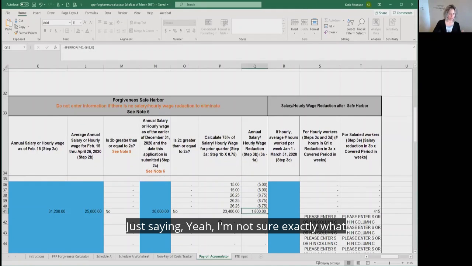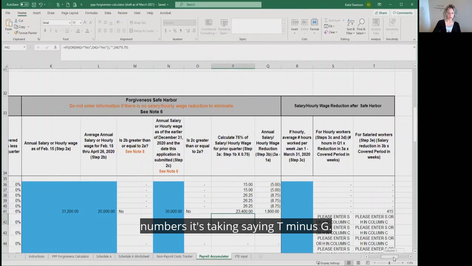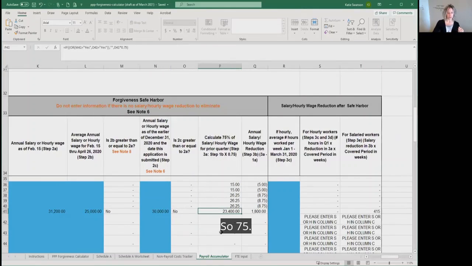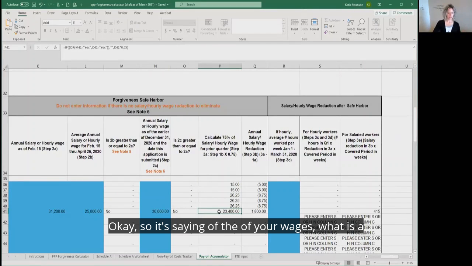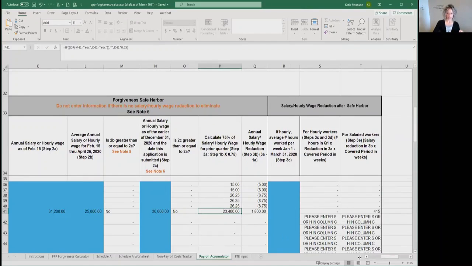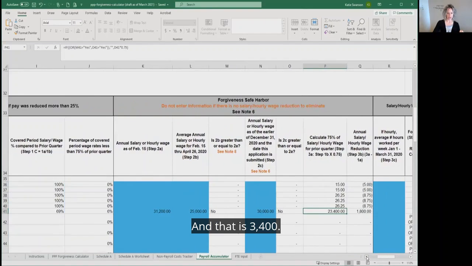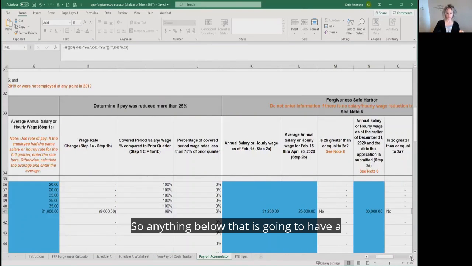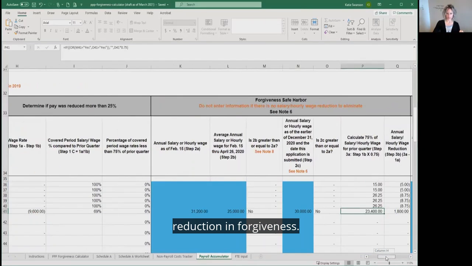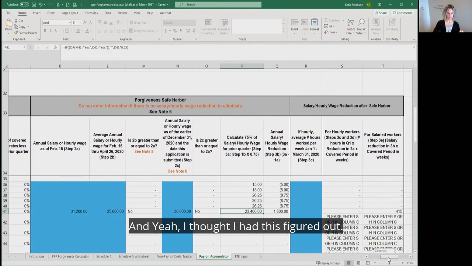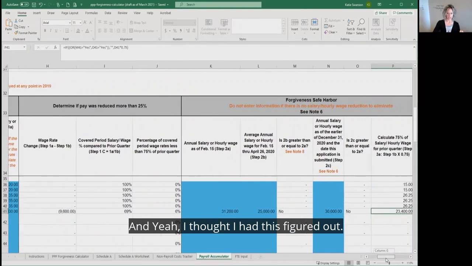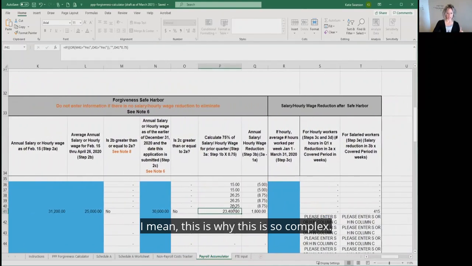It's saying P minus G. Oh, so 75%, okay, so it's saying of your wages, what is a 75% reduction? And that is this $23,400. So anything below that is going to have a reduction in forgiveness. I thought I had this figured out, but this is why this is so complex. And it's telling me, but I'm too frazzled right now to go see what it is it's doing.